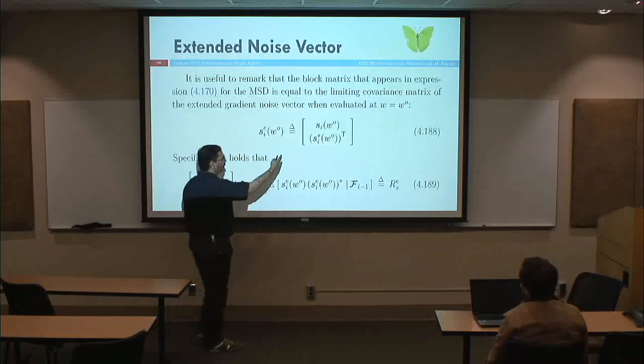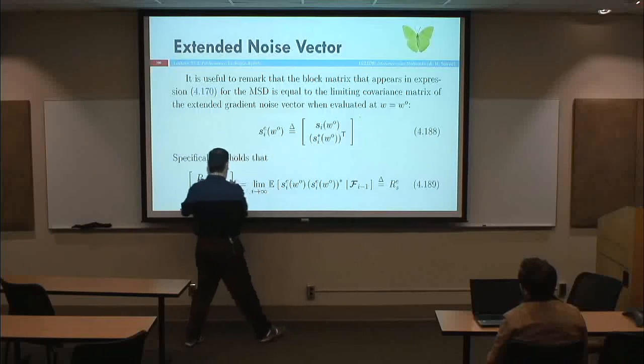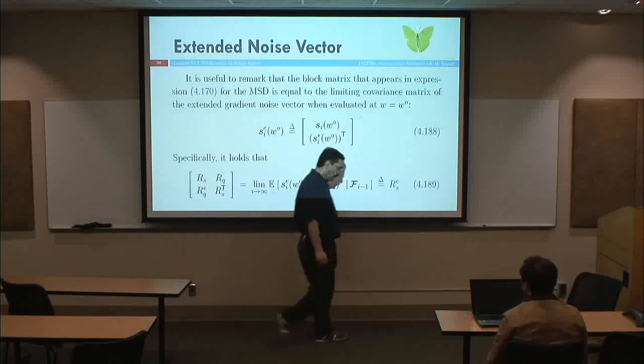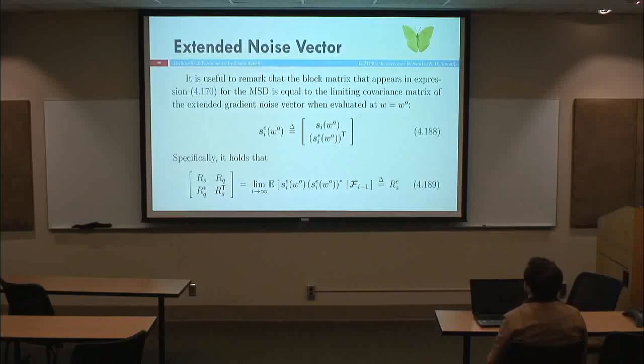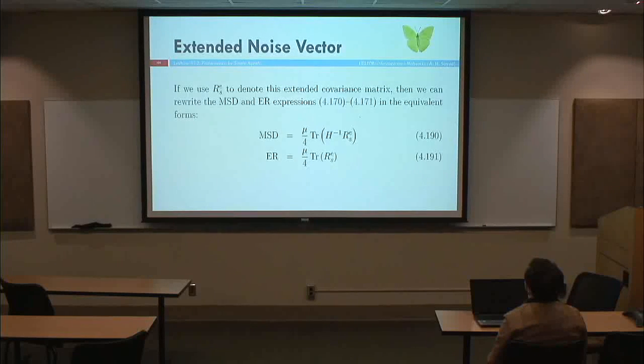You just extend the vector, compute its covariance, then you will find these 4 entries here, the 4 entries that you have there. So I can write the expression in terms of the covariance of the extended noise.